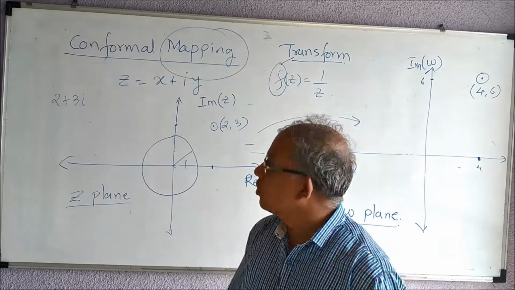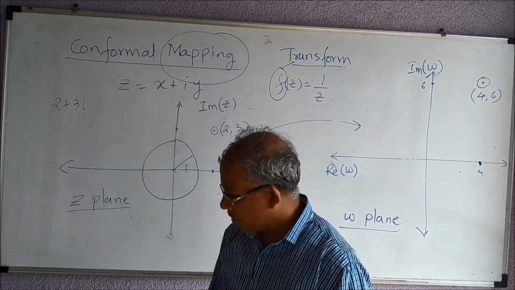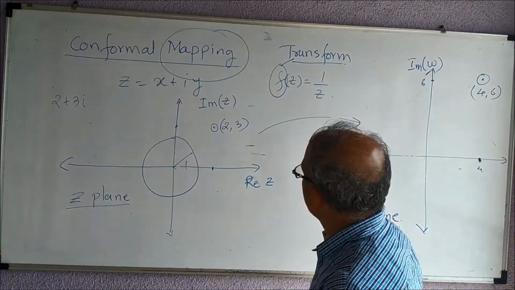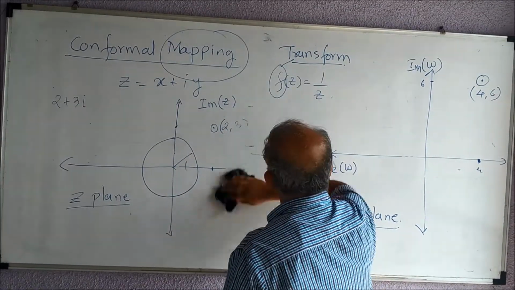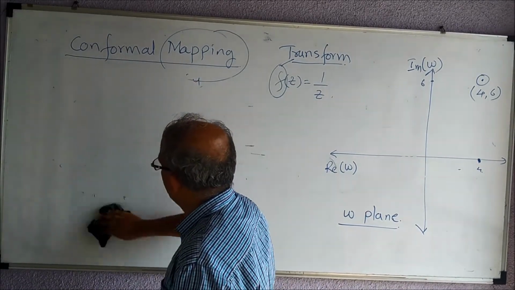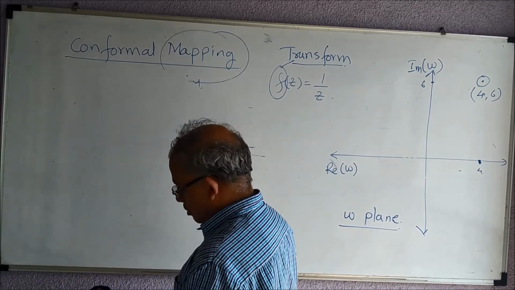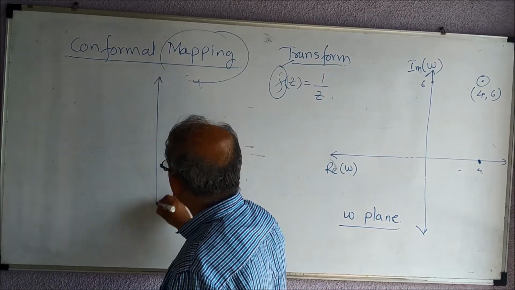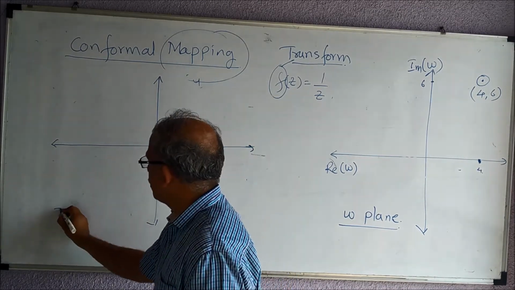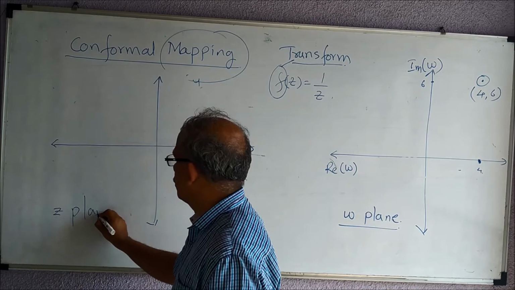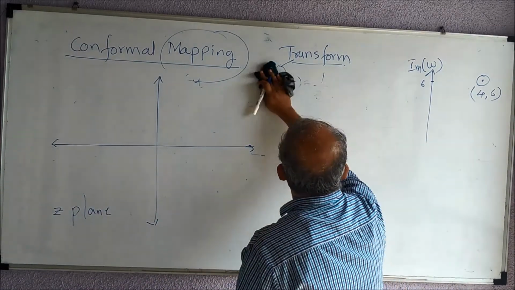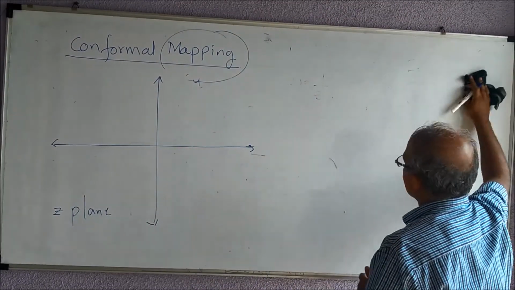Another thing is, what do you mean by now conformal mapping? Okay, so I'll just add a few words in this. Suppose let me draw here the z plane. Okay, so suppose this is my z plane. Okay, and for the output, we will draw here a w plane.